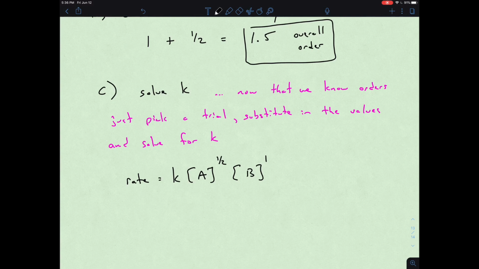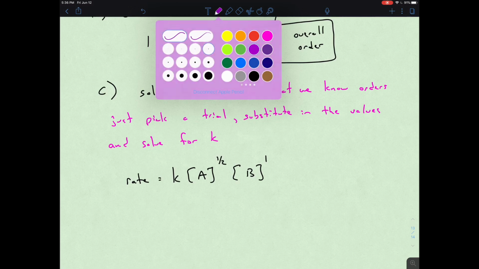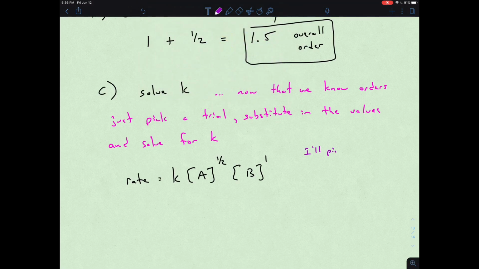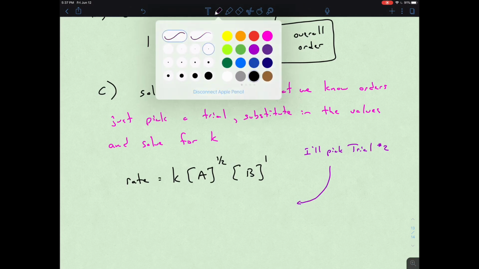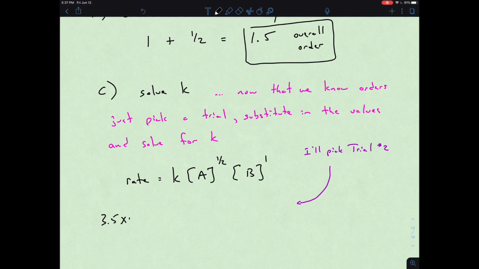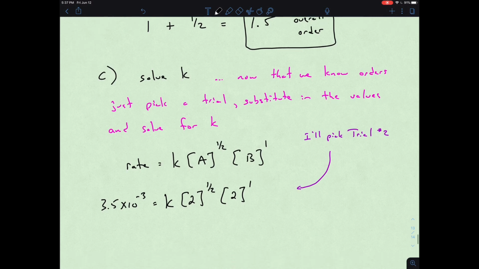I'm going to pick trial number 2. And so that's what I'm plugging in below here, that we have our rate of 3.5 times 10 to the negative third is equal to little k times the concentration of A, which is 2, raised to the 1/2 power, times the concentration of B, which is also 2, raised to the first power.